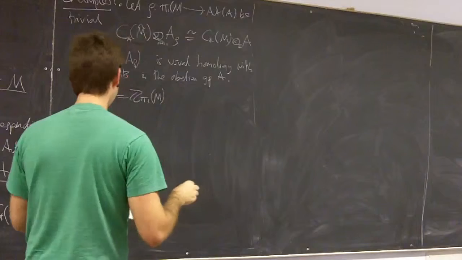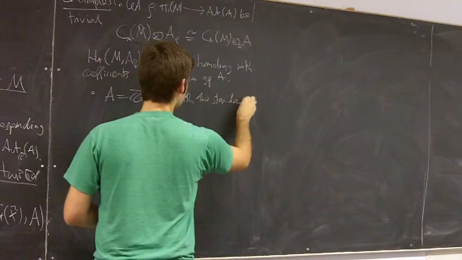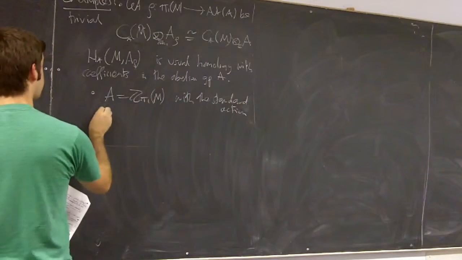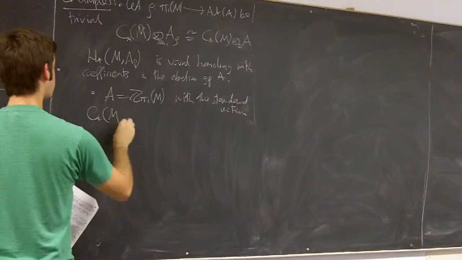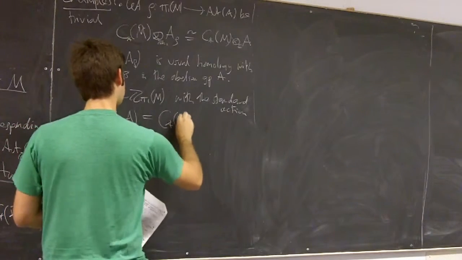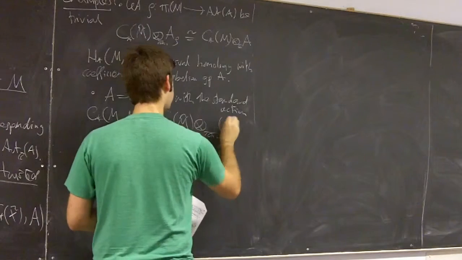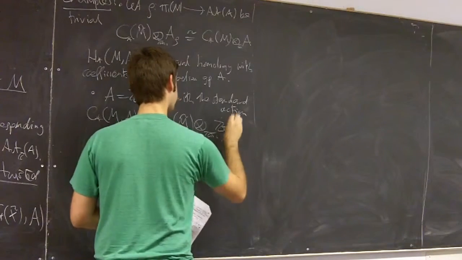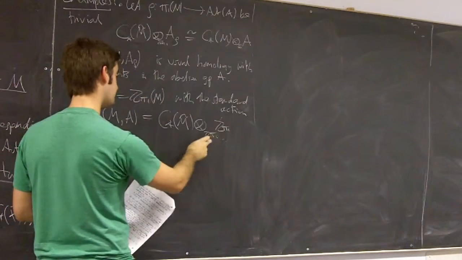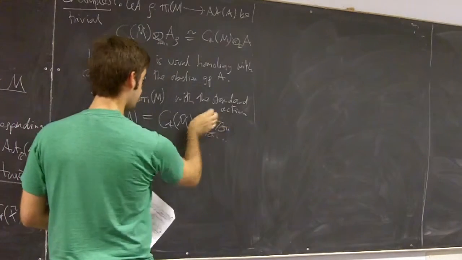Well, with the standard action, what we then get is that this is the tensor product of C star M tilde tensored over Z pi 1 with Z pi 1, and when we tensor over Z pi 1 with itself, this is the same as just not having that there at all.